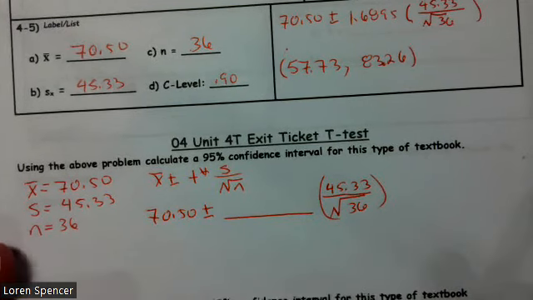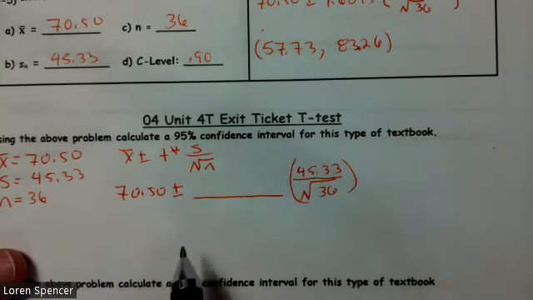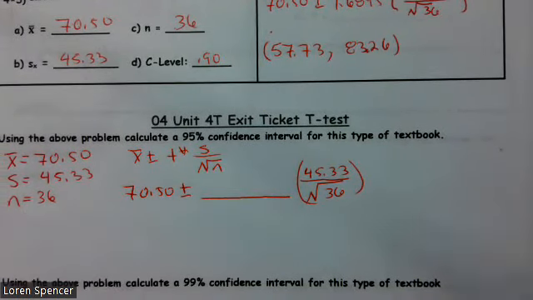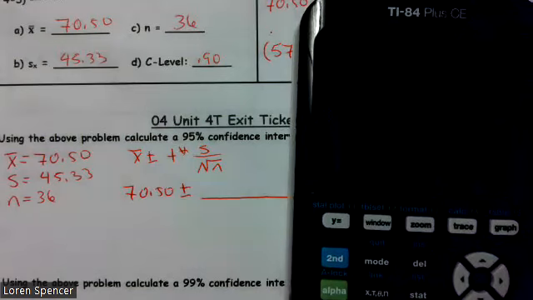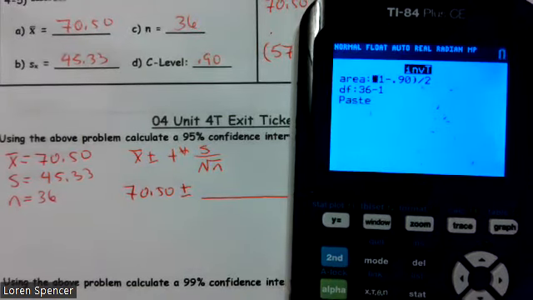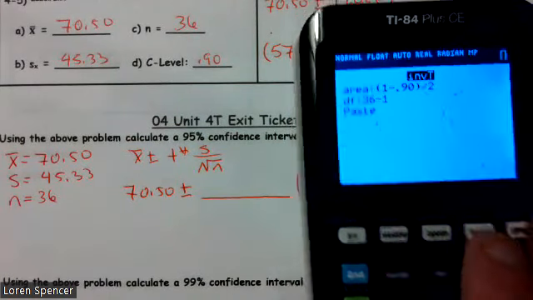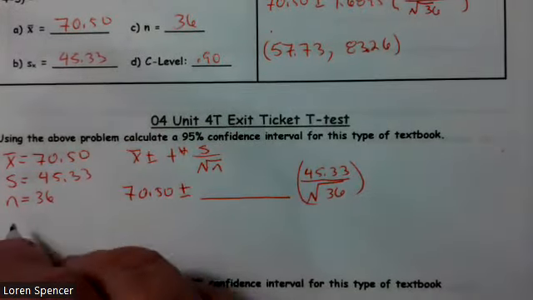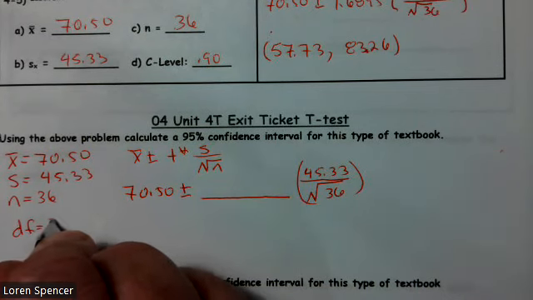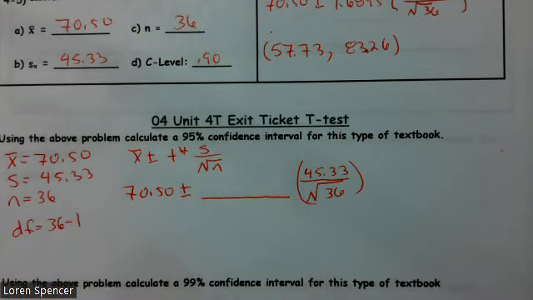We need to calculate t star. T star is a lot more difficult than z star. We're going to need our degrees of freedom, so let's go to where we have to on the calculator. Second, vars, inverse t, and it asks for area and degrees of freedom. Degrees of freedom is just 36 minus 1.